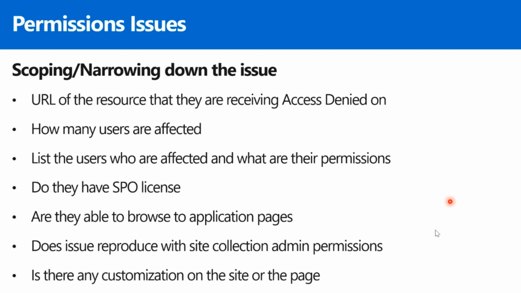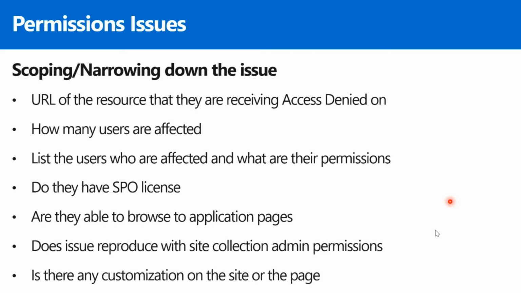Maybe they would help us resolve it, or at least help us narrow down the issue. The first information that is imperative to gather is, of course, the URL of the resource or item or object being accessed, on which the user is encountering the access denied issue.